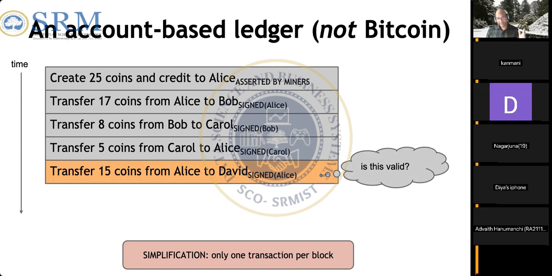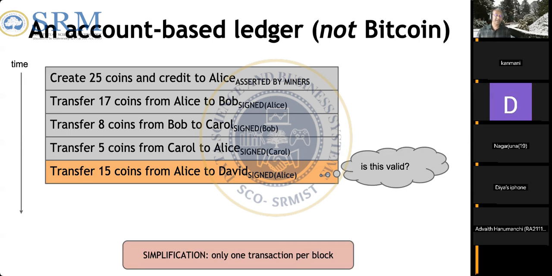Again, I'm not saying that account-based ledger is a bad design. This is exactly what you use in the smart contracts. When we come to the smart contracts, this is a completely new design. You don't use transaction-based ledgers. In case of smart contracts, you will use account-based ledgers only, because the way smart contract transactions work is completely different from cryptocurrencies. You have an account and you have some coins there, and then you perform transactions from there.